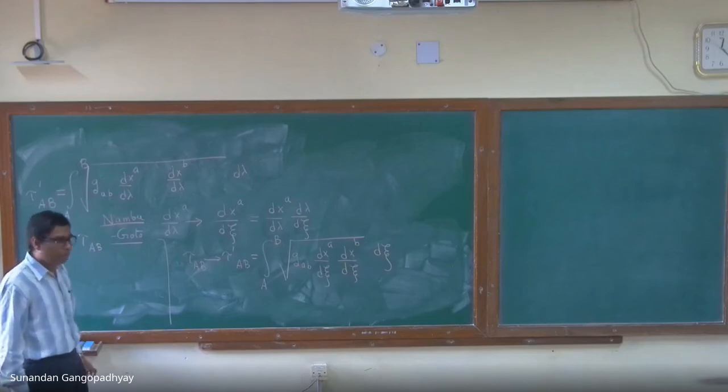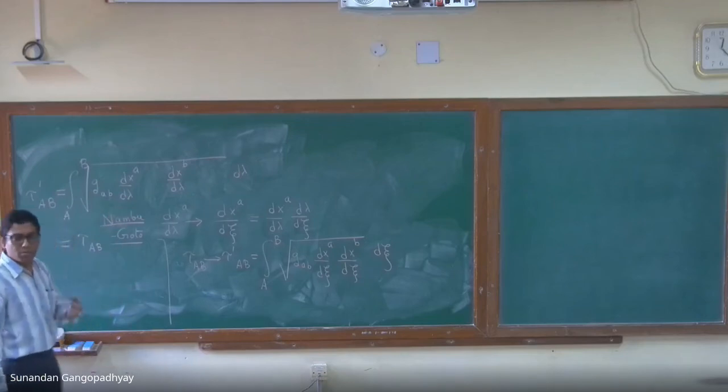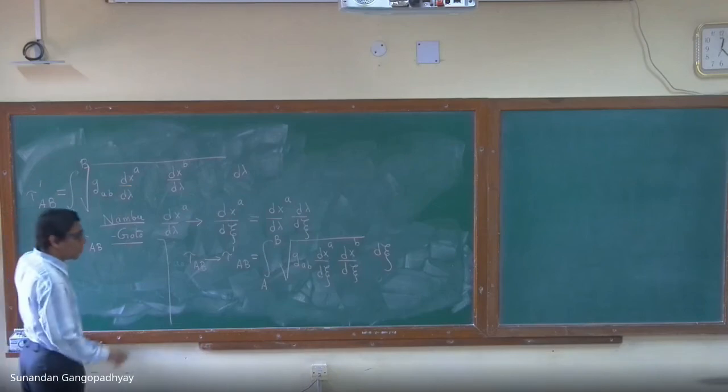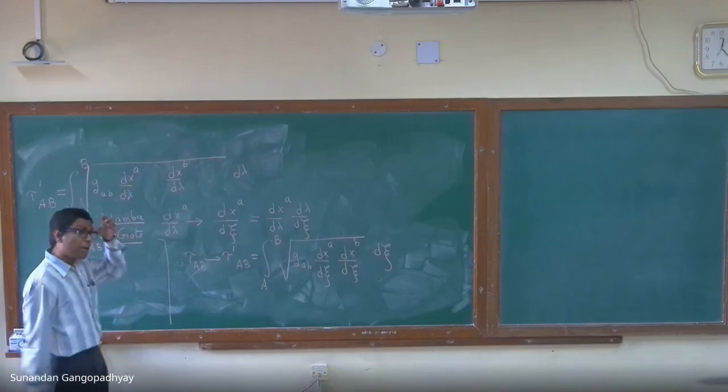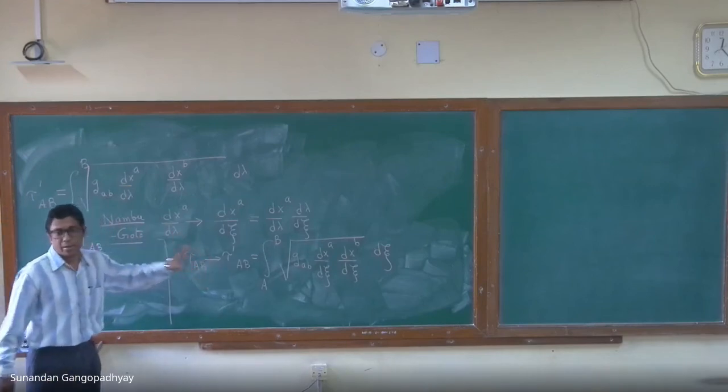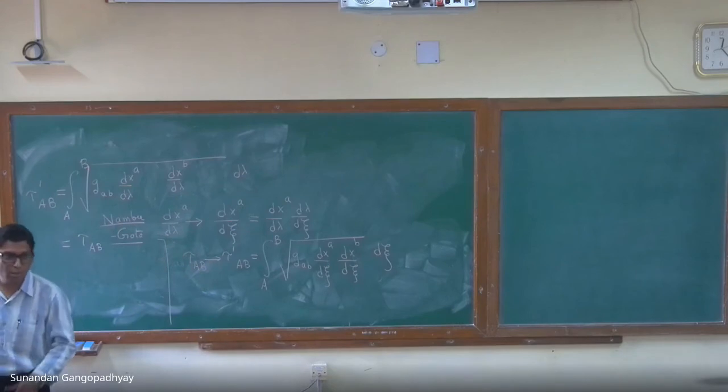So it is not a very good thing. But then there are ways to write down different actions, and you can circumvent the problem of the square root. The important thing is that the guiding principle is that whatever action you write down for a point particle or higher dimensional objects, it should have this reparameterization invariance. Otherwise, your theory is not good. This should be your guiding principle in writing down some action.